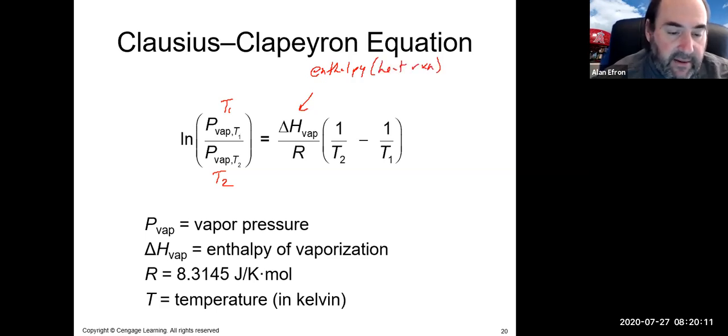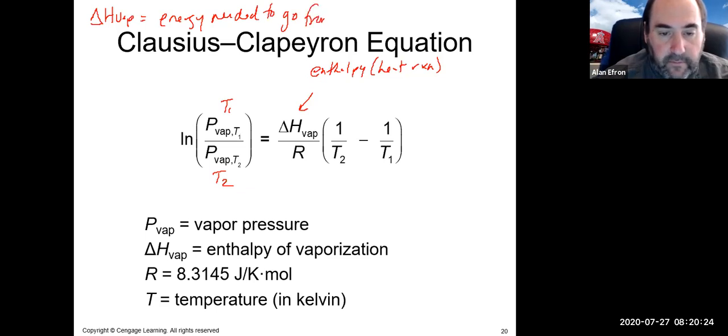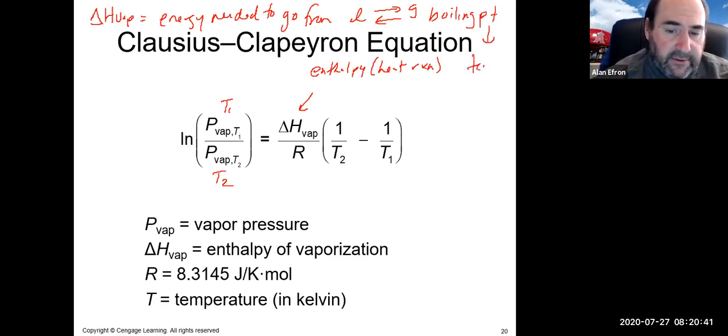And the delta H of vaporization, when we see that number, is the energy needed to go from the liquid phase to the gas phase, or backwards, the gas phase to the liquid phase. And this all occurs at the boiling point, at basically the same temperature.